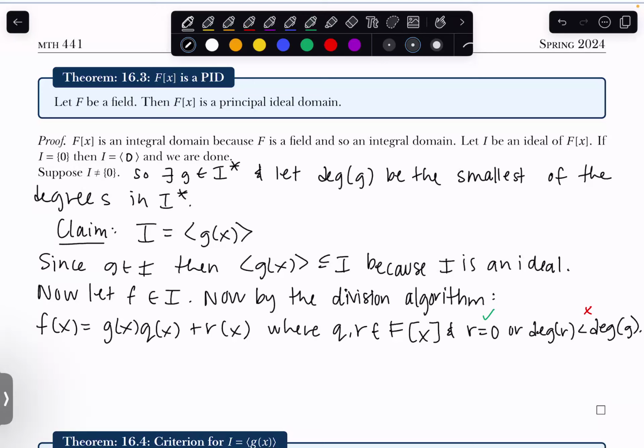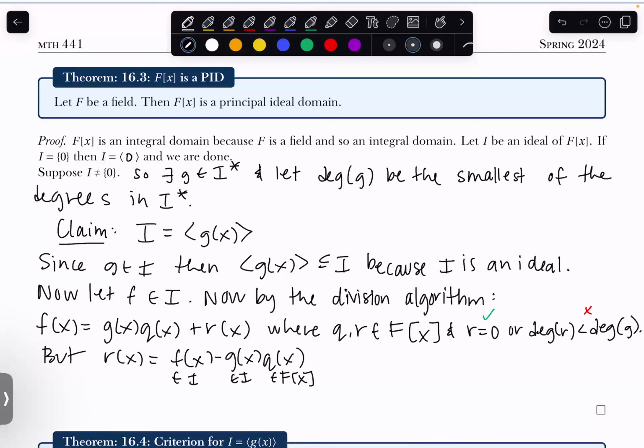Okay, but here we can write R by subtracting the G times Q on both sides. And this is in my ideal, and then this is inside of my polynomial ring.